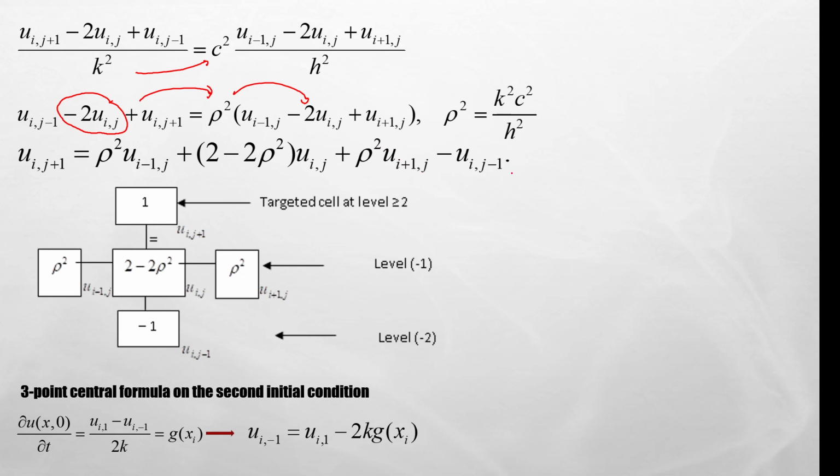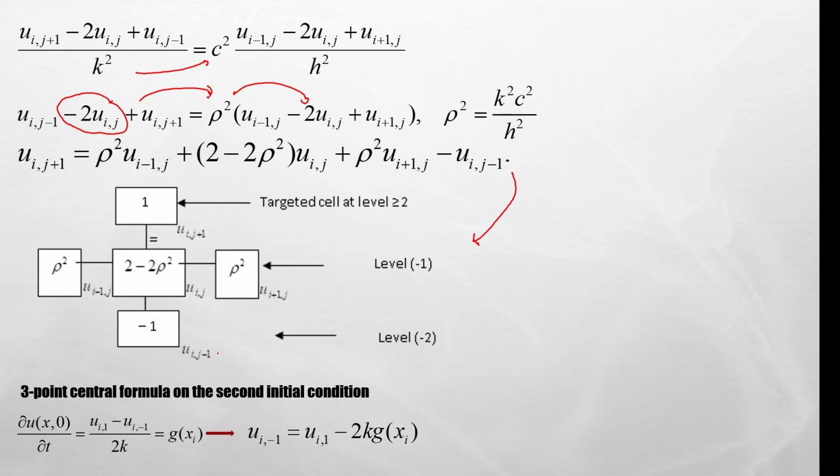From this equation it will be easy if we represent it using molecule form. Then you can see 1 time of u_{i,j+1} is equal to rho squared u_{i-1,j} plus 2 minus 2 times rho squared of u_{ij} plus rho squared of u_{i+1,j} minus 1 u_{i,j-1}.